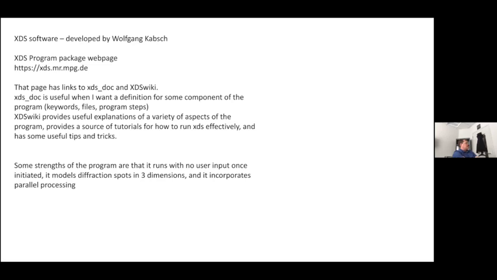XDS doc is, I find, most useful if I have a keyword or a specific file name that has been generated, and I'm wondering, okay, what does that contain, or what is that? XDS doc has very useful definitions of exactly what all the components of the software are.